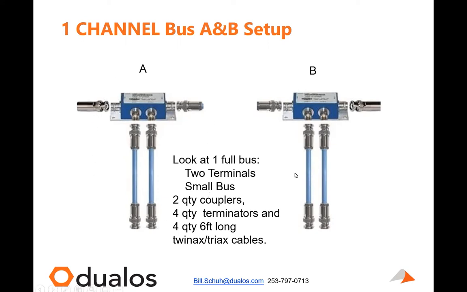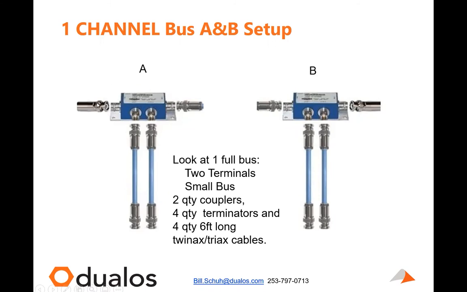You'd have to have this set and you'd have to have this set. So this could be your A bus and this could be your B bus. They're identical, so there's no weirdness between the two. It's just that to make your dual redundancy, you get your A channel and your B channel.